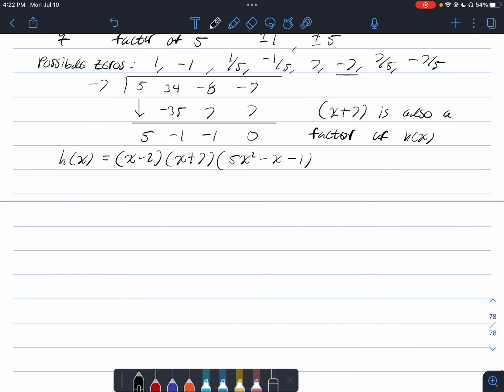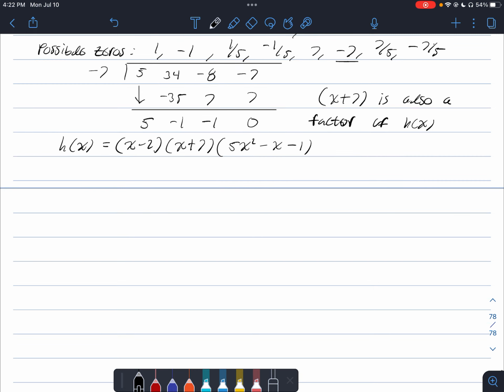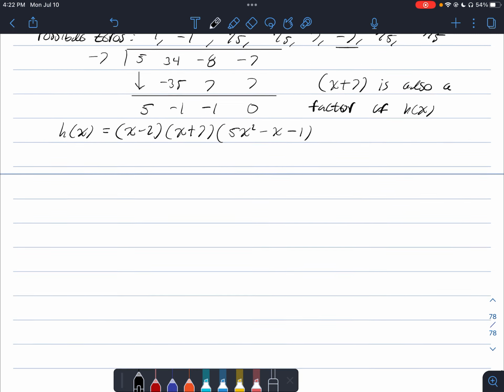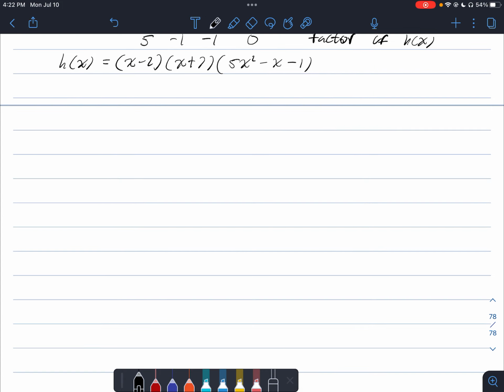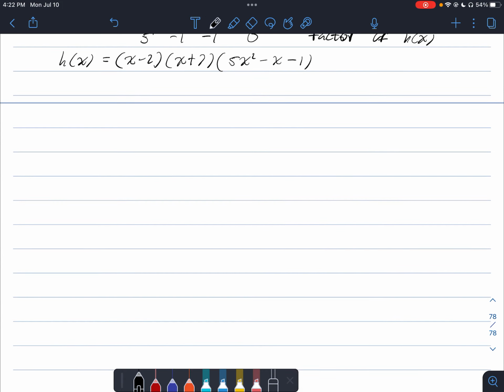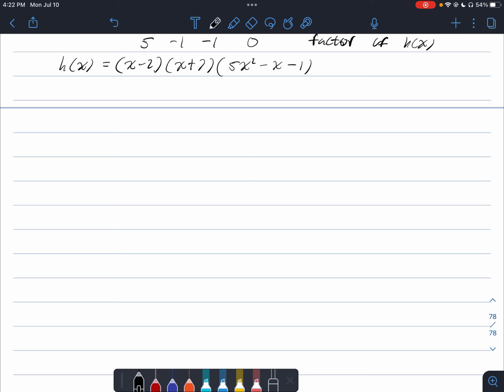Okay, so now we're getting much closer. Now we have gotten it down to 2 binomials and another polynomial of degree 2, or a quadratic polynomial here. So now we can just use the trusty quadratic formula to go ahead and simplify this even further.